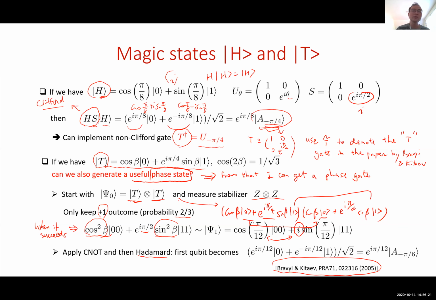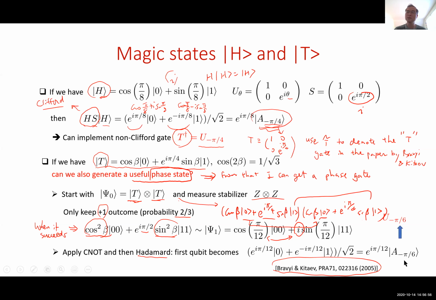Just like in the previous case here, if I put a phase gate S, then I would have I here. Then if I mix the coefficients, either plus or minus, I get a phase. So here we're doing similar things. If we mix the two coefficients, it will become e to the I pi over 12 or minus pi over 12. Okay, then this is a phase state that I defined earlier with the angle minus pi over 6.